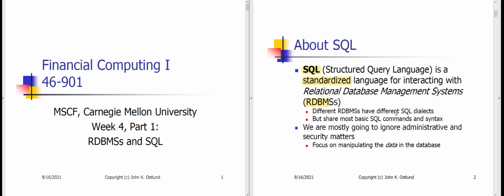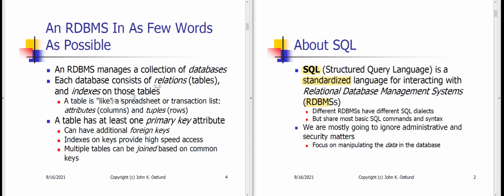In technical RDBMS language, these are referred to as attributes rather than columns, and tuples rather than rows. But you can just think of a relation with attributes and tuples as basically being a table with columns and rows.